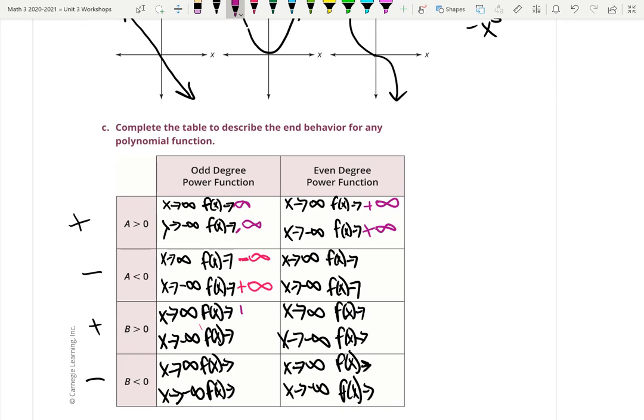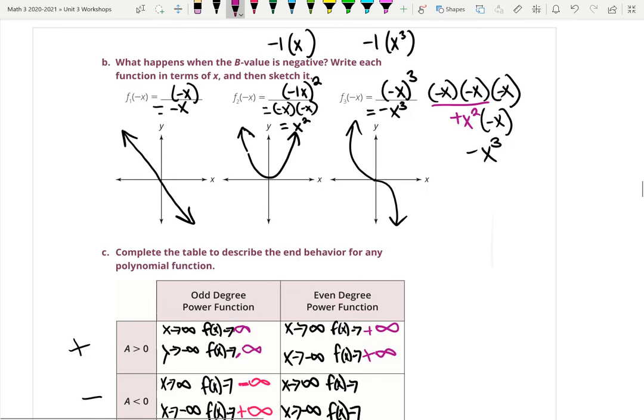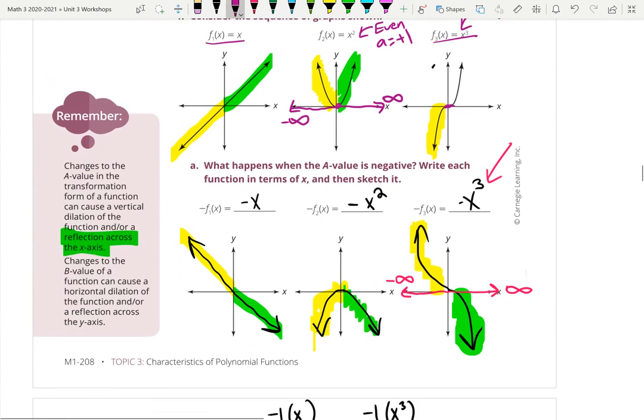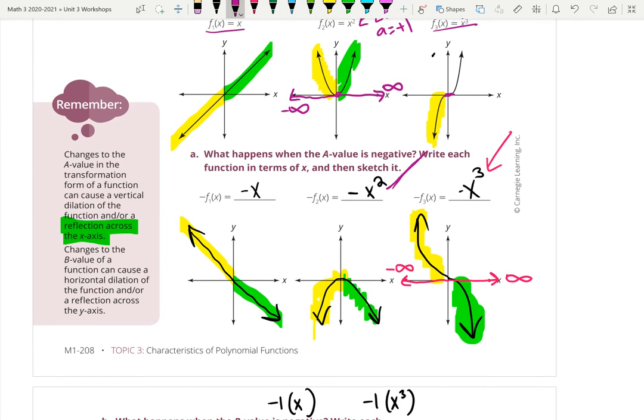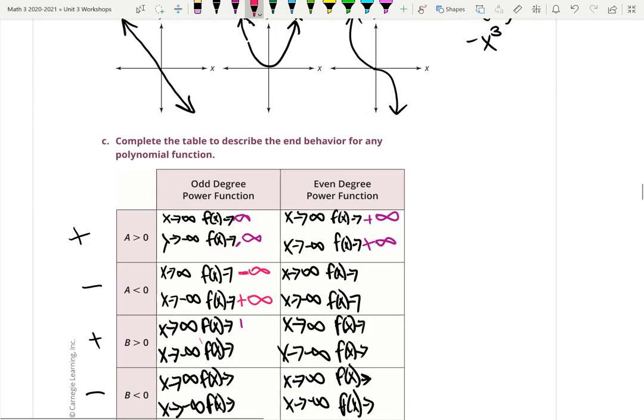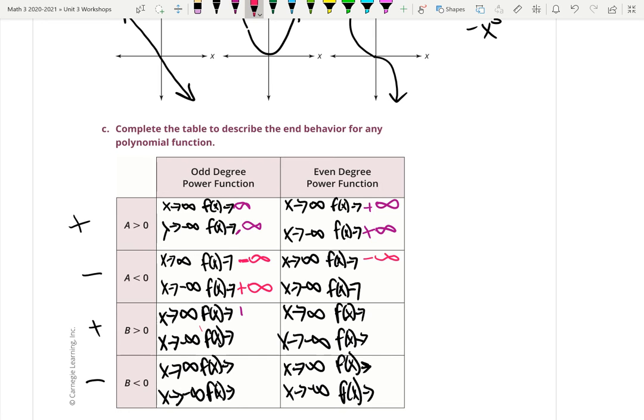Let's look at when a is negative. Here, a was negative 1. We ask ourselves the same question. What is the graph doing as x approaches positive infinity? The graph is pointing down. Negative infinity.